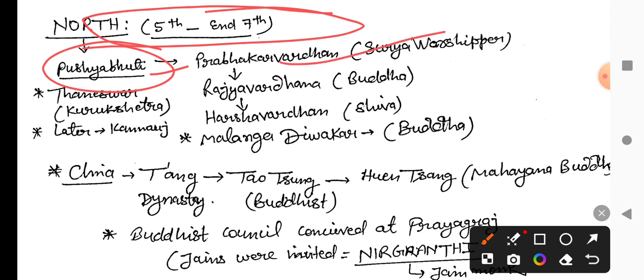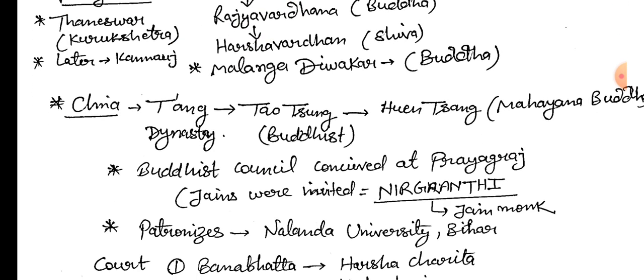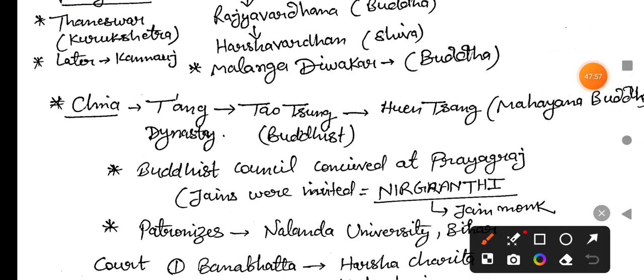After Prabhakar Vardhana, he was succeeded by Rajyavardhana, who was a Buddha worshipper. And after Rajyavardhana, Harshavardhana came, and he was initially a Shiva worshipper, and after that a Buddhist monk, Divakara Mitra, changed the perspective of Harshavardhana, and he adopted Buddhism.